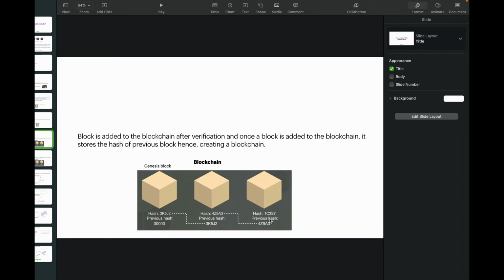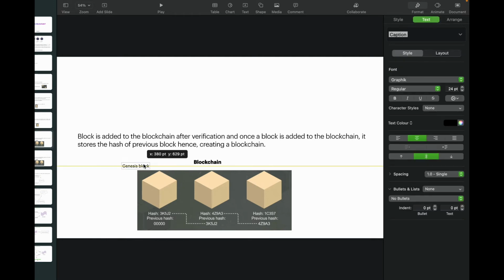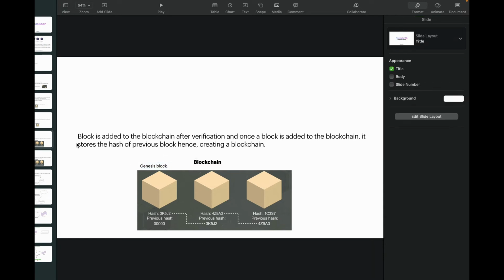The third block is storing the hash of the second block. That is how a chain is being formed. The first block is not connected to any block. It does not have any previous block because it is the first block, so it is also called the genesis block. So yeah, this is how a blockchain works.